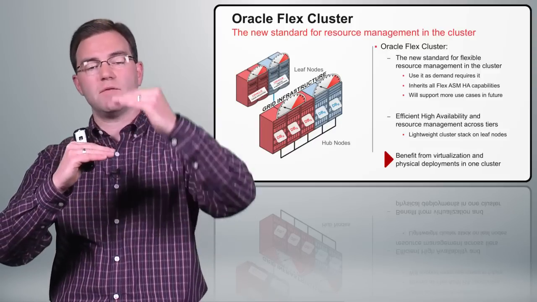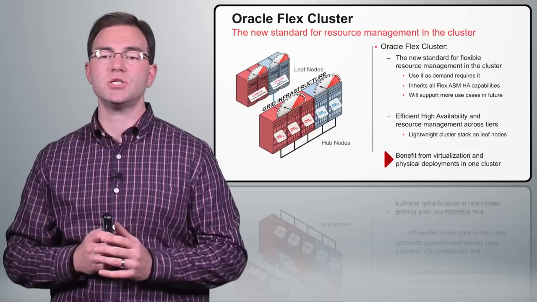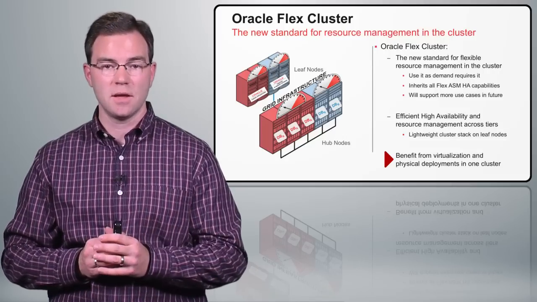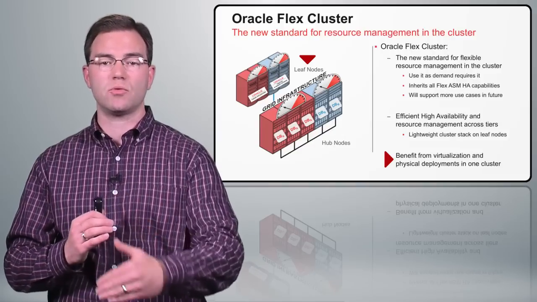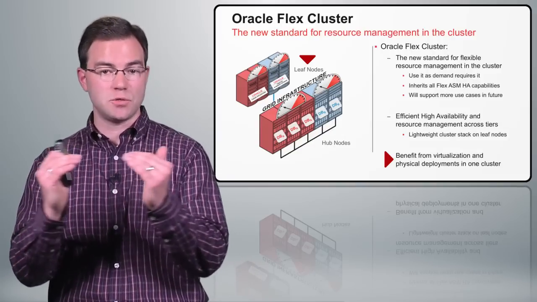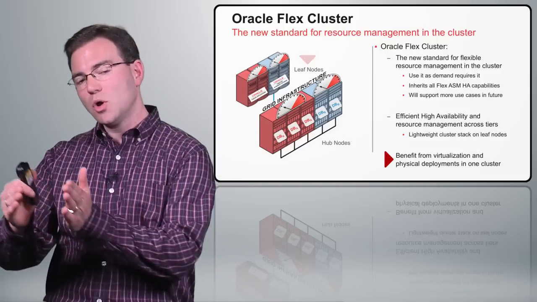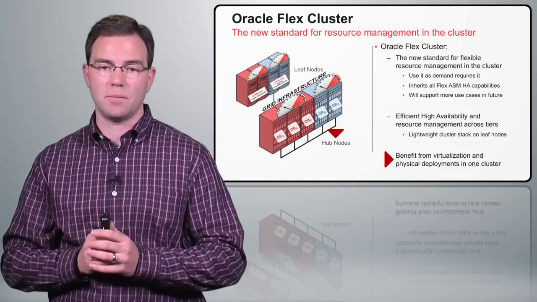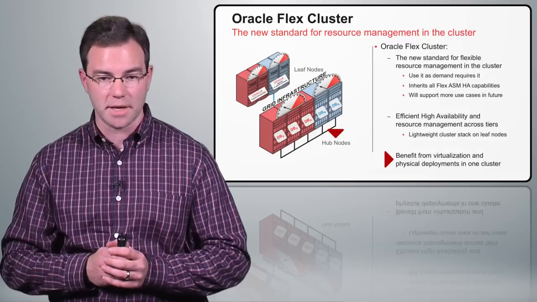Yet they would like to have the dependency that I formerly described. In this case, you can use Oracle Flex Cluster and deploy leaf nodes which have the lighter stack, do not require shared disk, and are not so communicative between each other on virtual environments, and deploy your hub nodes on physical environments because they do need shared disk access because they will be hosting the database.